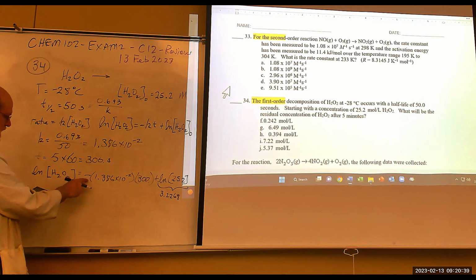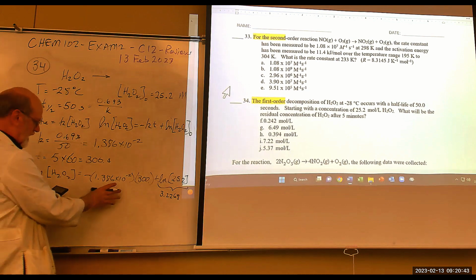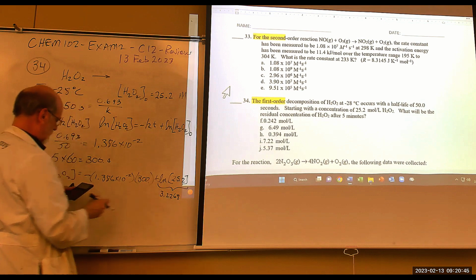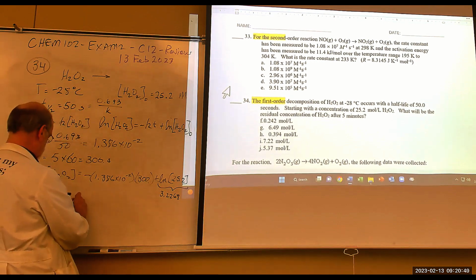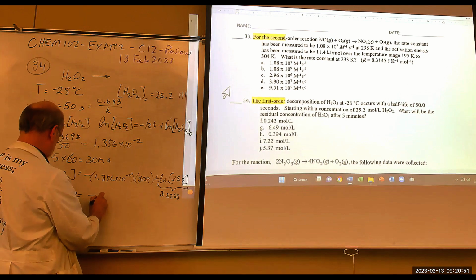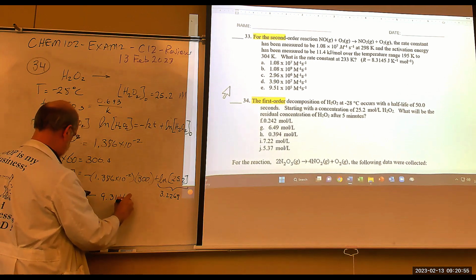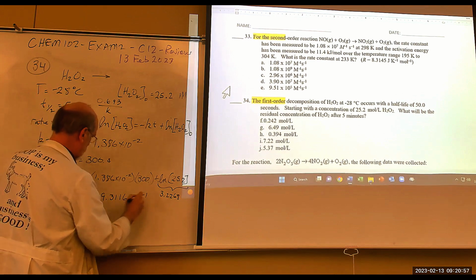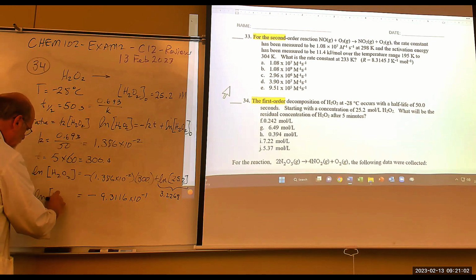I forgot to change the sign, so I change the sign. There we go. Now I can add this one to that one. And that gives me minus 9.3116 times 10 to the minus 1. And that's equal to the natural log of [H2O2].